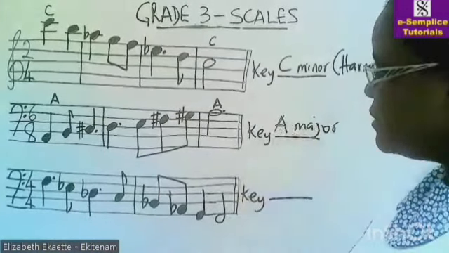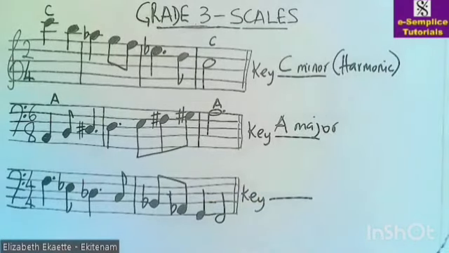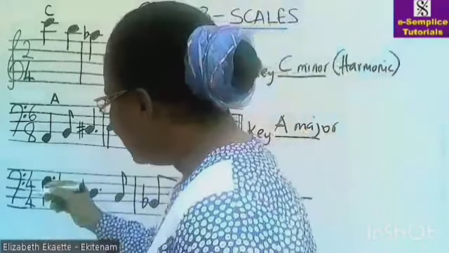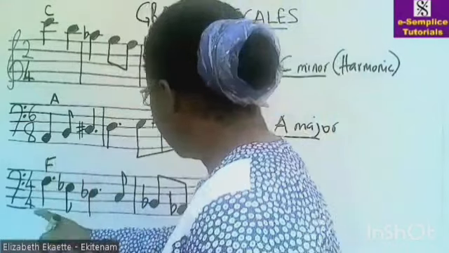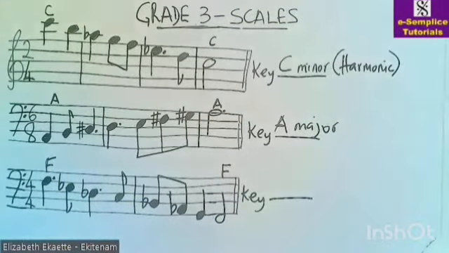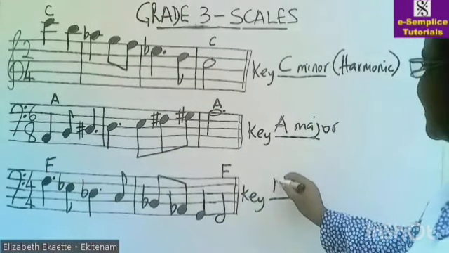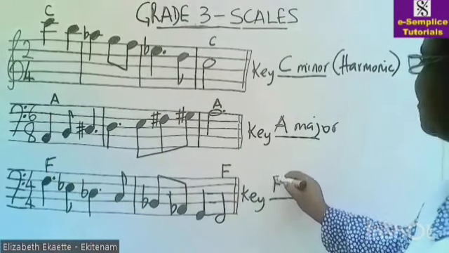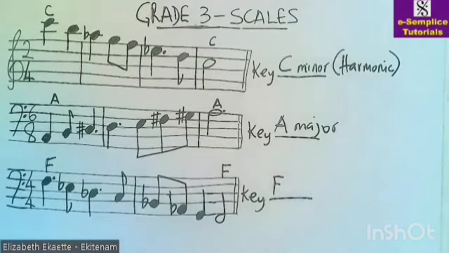Now we come to the third one. Always check the first letter. The first letter here is F, and the last letter is also F. So we are looking for a key that has an F at the beginning. Let's collect the accidentals.